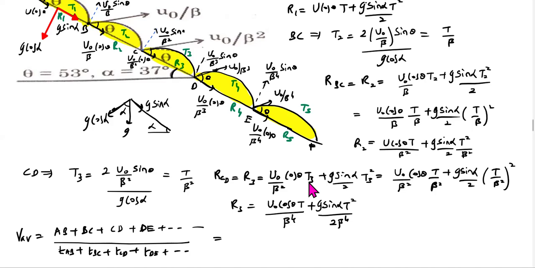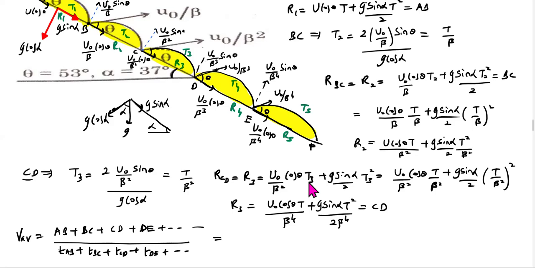R1 is nothing but equal to AB. R2 is nothing but equal to BC. R3 is nothing but equal to CD. We'll substitute all the values.